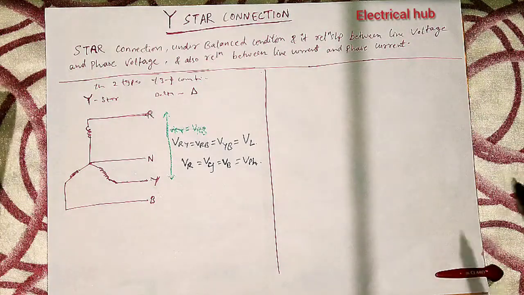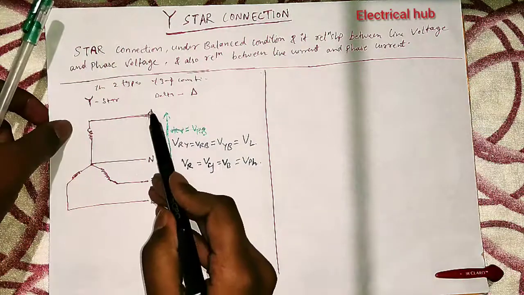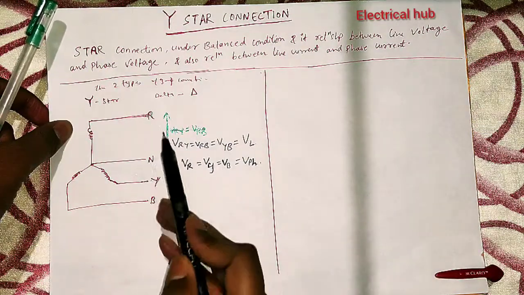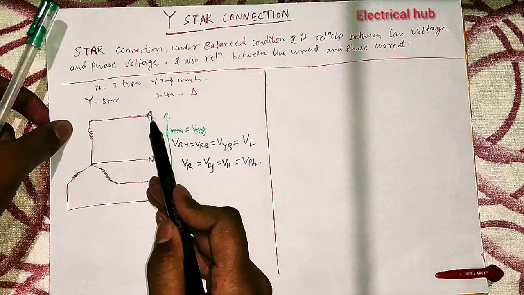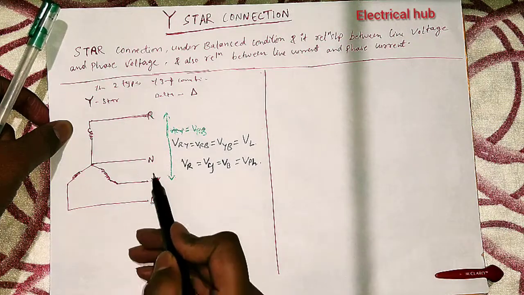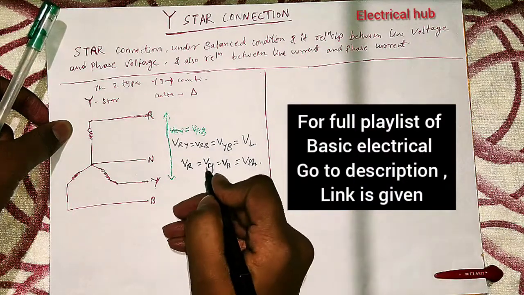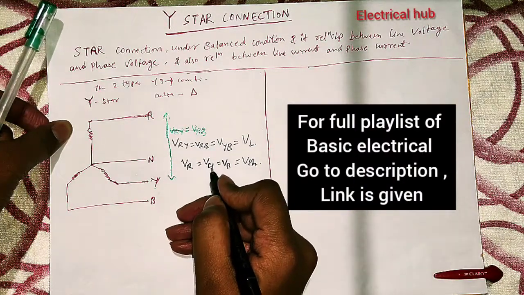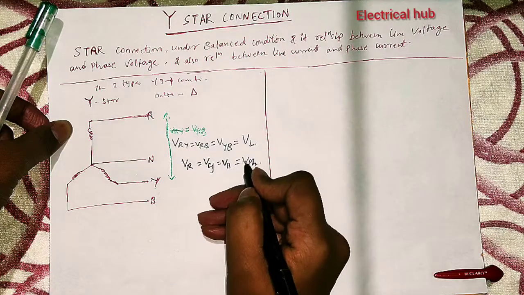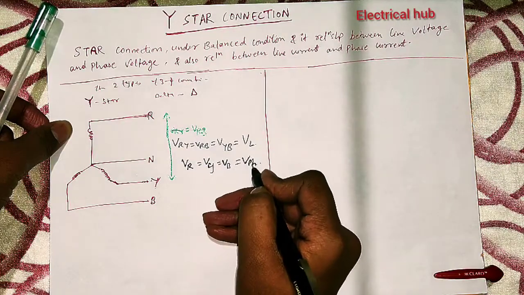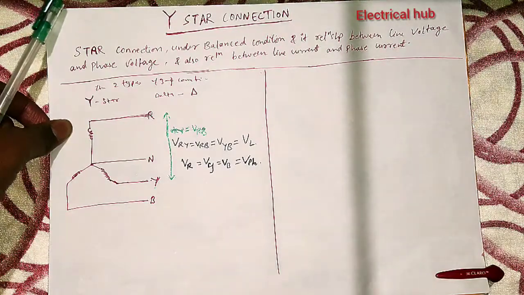Whether the voltage is between a line wire and the neutral point, RN, YN or BN, it will be denoted as VR equal to VY equal to VB, and this is VPH, the phase voltage.